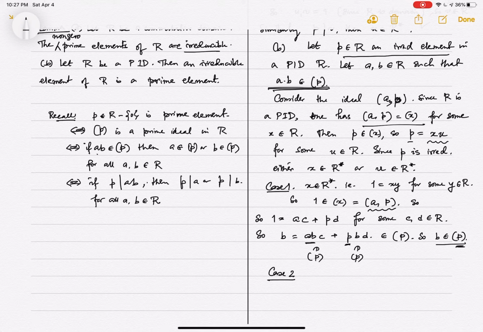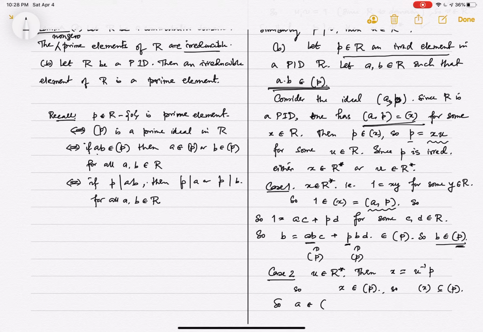Case 2, U is a unit. Then X is U inverse P, because U has an inverse now in R. So X is in the ideal generated by P. So the ideal generated by X is a subset of the ideal generated by P. But A, remember, is in there.